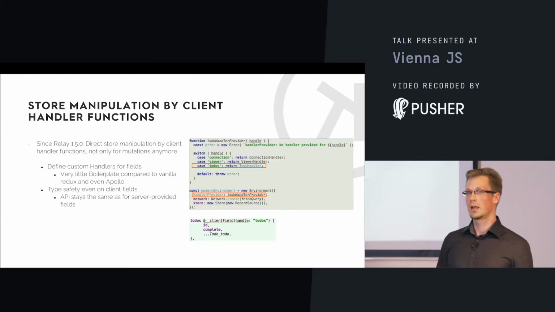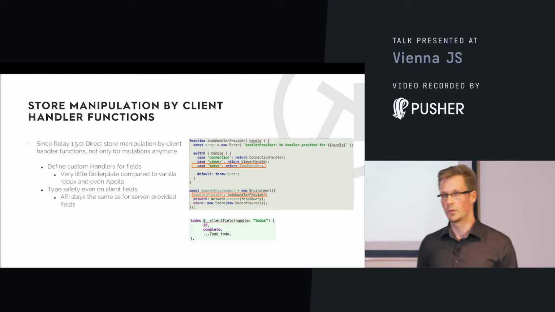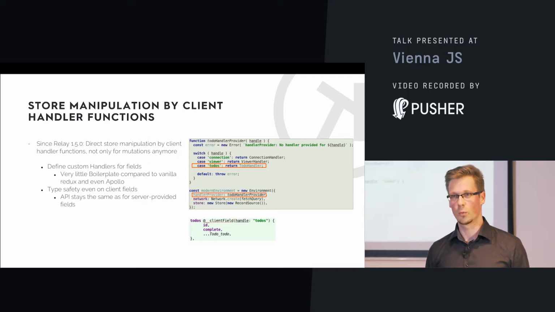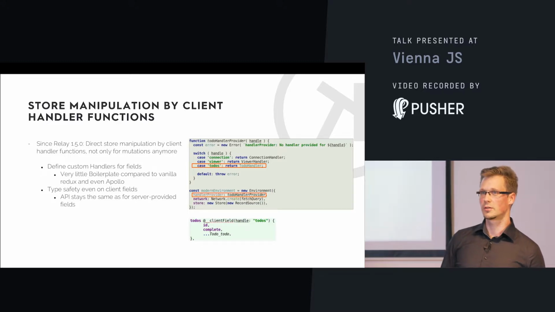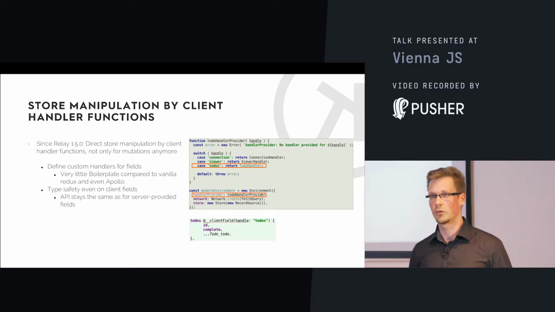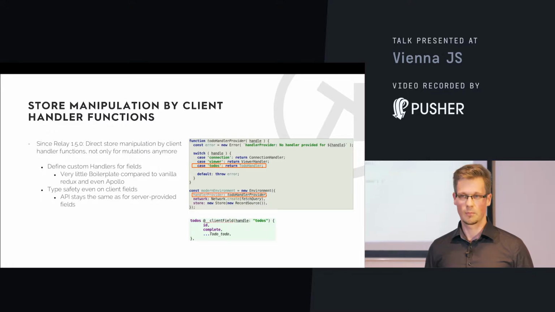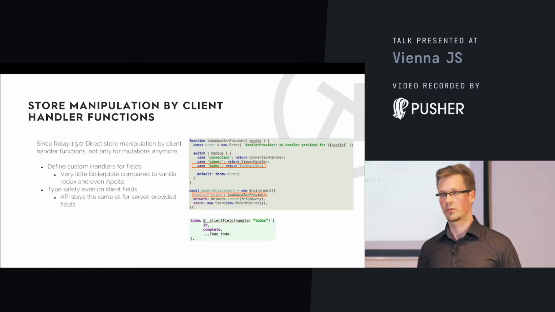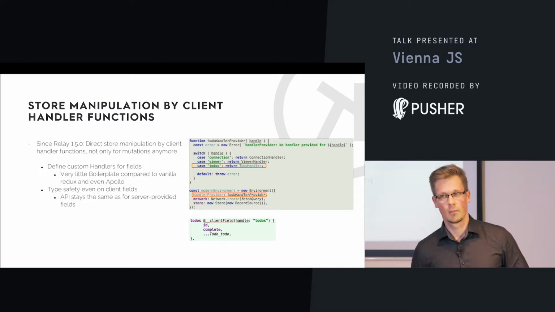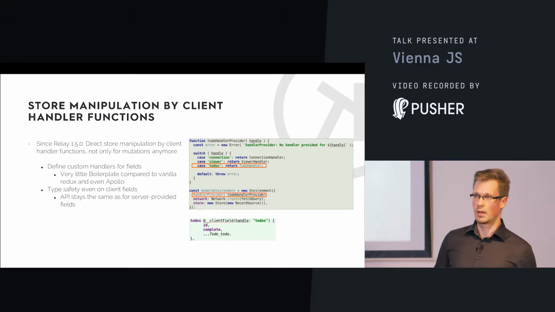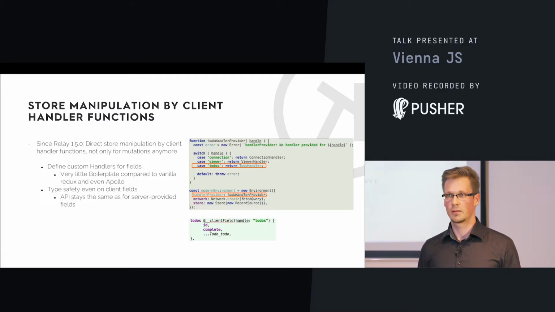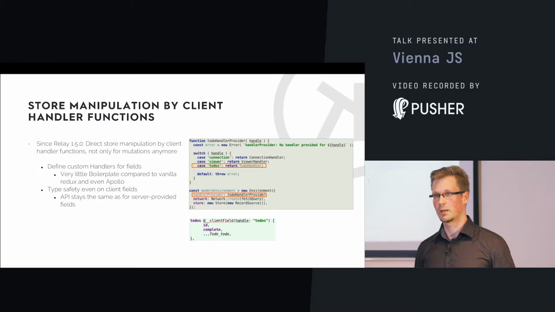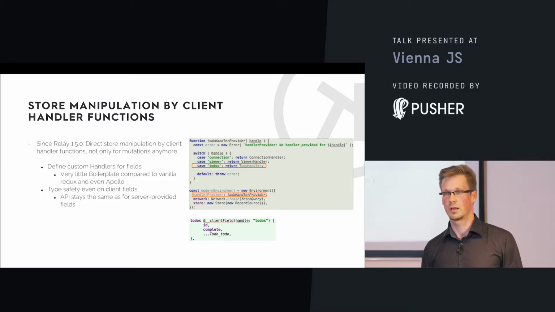Since Relay 1.5, which is really new, it's 4 weeks old, there is a new interesting feature in the release, and it's direct store manipulation of Relay by handler functions. Most of you have heard of Redux or Apollo or both, and there you know that the Flux pattern is all about having data stores distributed.